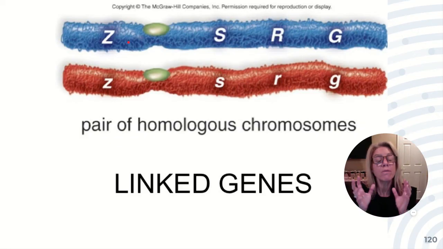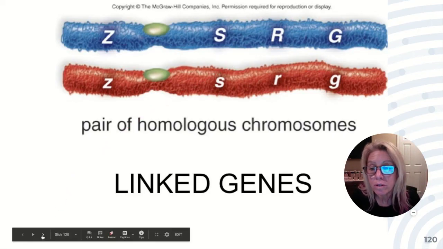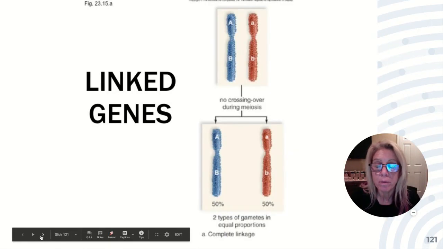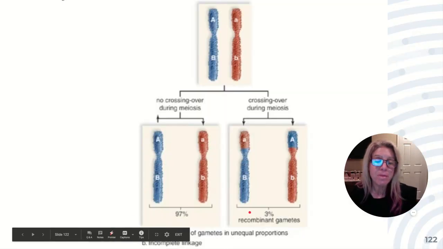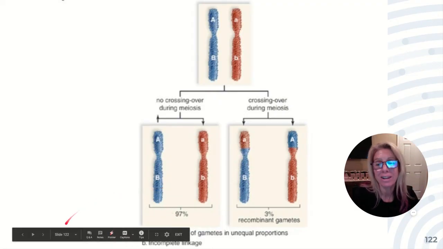So you would probably get fewer recombinants between Z and S and more recombinants between Z and G. And so what you do is, based on the percentage of recombinants you get, that is a map unit, and that helps you to map the genes along that chromosome.